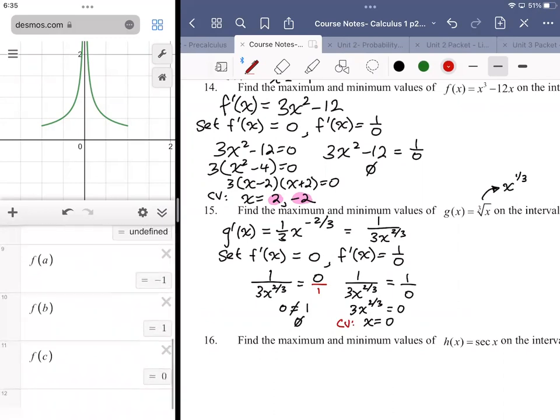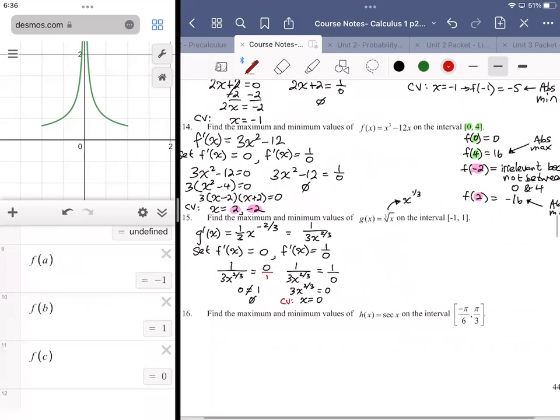And so I look at my values here, and I see we have f of -1 and f of +1, those are my endpoints. And then I would evaluate my critical value, f of 0. f of 0 has a value of also 0.